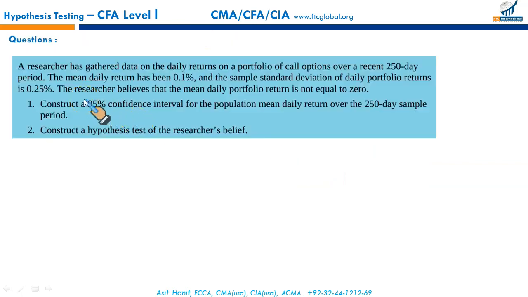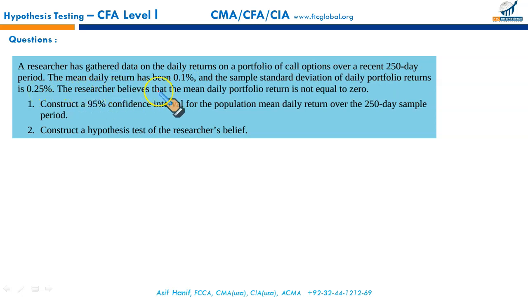Alright, so here's a good question. Whatever we have done so far, now let us try to apply in this question, so it will refine whatever we have just done. A researcher has gathered data on daily returns on a portfolio of call options over a recent 250-day period. The mean daily return has been 0.1% and the sample standard deviation of daily portfolio returns is 0.25%.